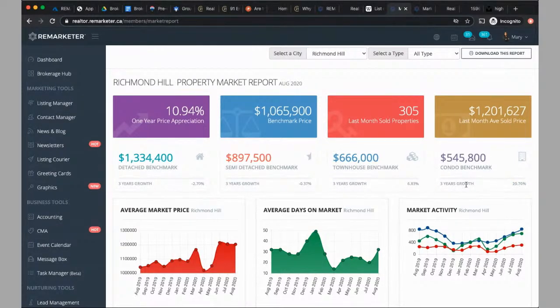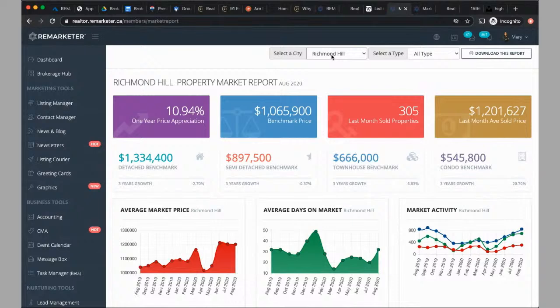So we can see that the condo market in Richmond Hill has been growing significantly more compared to the 8% that we had in Aurora, for instance. Obviously, there aren't a lot of condos, and I wouldn't see a lot of demand for condos in Aurora. So these are your understandings, and you could come to these conclusions when you see these numbers right there.